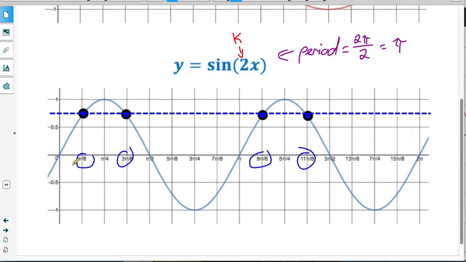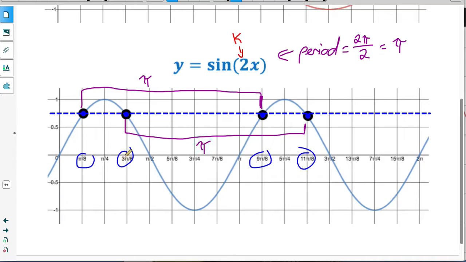So if there is an answer to the function at pi over 8, there's going to be another answer to the function pi units later, right? Pi units to the right or to the left of that. So if we add pi to pi over 8, so pi over 8 plus 8 pi over 8, we get 9 pi over 8. And if we add the period to this answer, we know the function will be back to that exact same y value at that point.